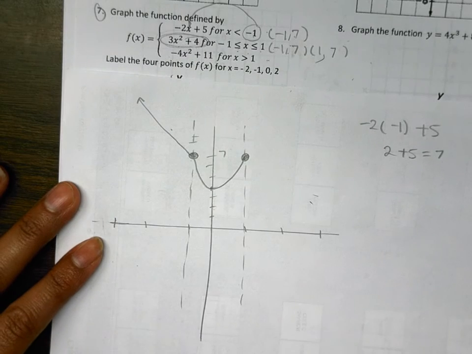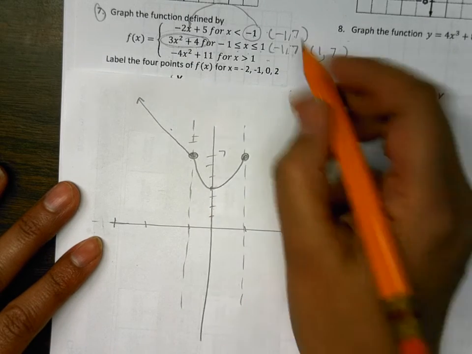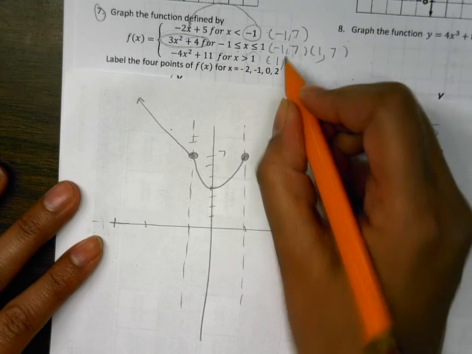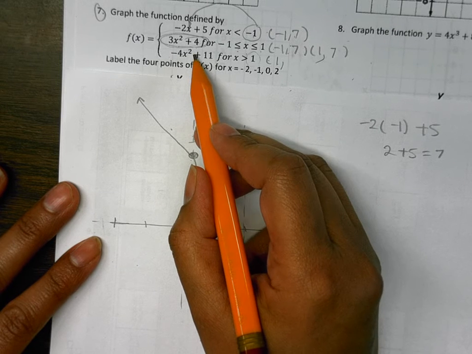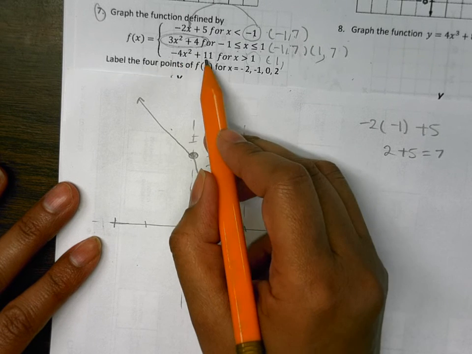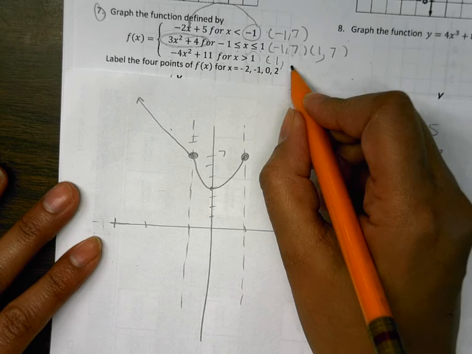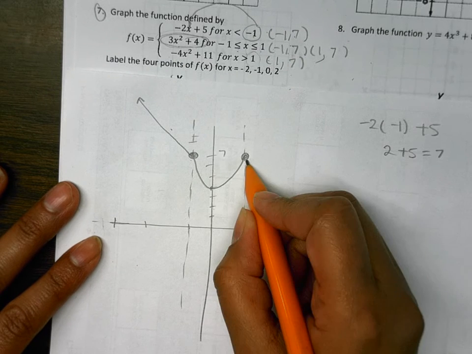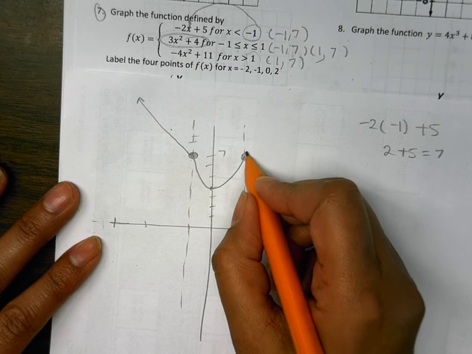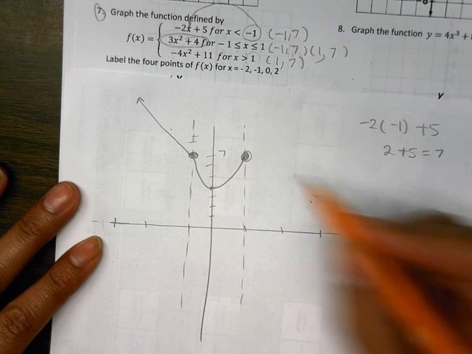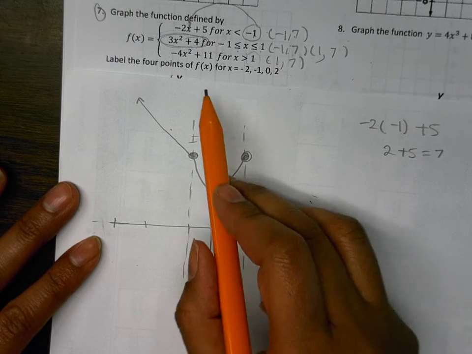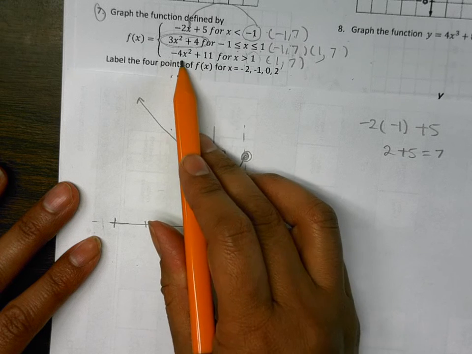All right, and the last one, you plug in what? What's this number right here? 1. 1 squared is 1, times -4, -4, and then -4 plus 11. 7. Now, I end up back on this dot. Is that bad if this one's open? No, because I'm just putting an open circle on top of a closed circle, so that's okay. Right? Okay, it is a parabola opening which way?